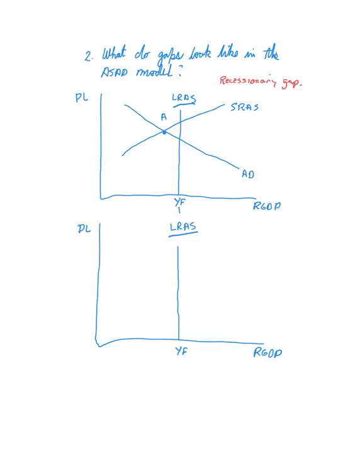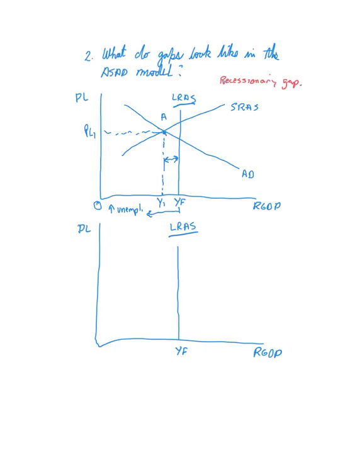Now, what we know is that as we move from full employment toward zero, we're going to see increasing levels of unemployment. And that's what we've got here. So we're at Y1 and our price level is PL1. So this gap between Y1 and YF is a recessionary gap.